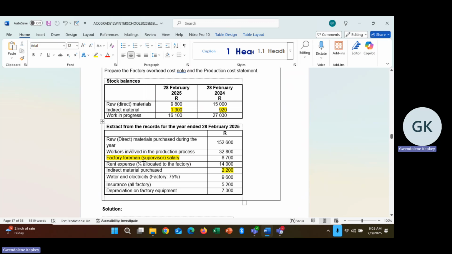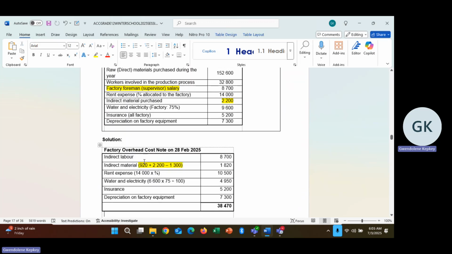So those I'm going to use in my calculation, right? So beginning plus what I have purchased, deduct what I have at the end, and I'm sitting with a total of 1,820. If you can recall, remember these are all my factory expenses.